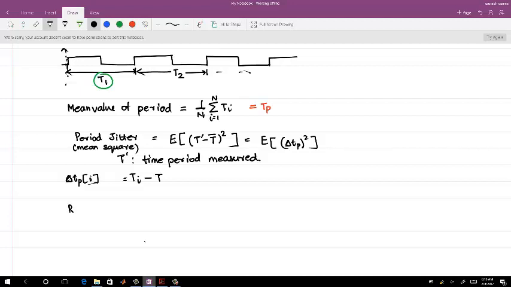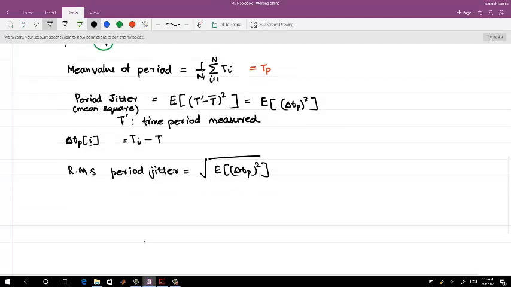The RMS value of period jitter is this. Normally the variable used to identify RMS jitter is sigma.